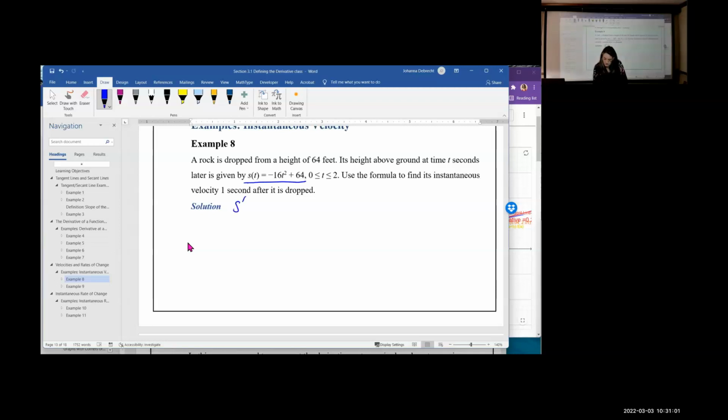We're trying to find S prime of 1, which is the limit as t approaches 1 second of f of t minus f of 1 over t minus 1. So we're going to put in f of t, which is negative 16t squared plus 64. And then we're going to put in f of 1. We may want to go over to the side and figure out what f of 1 is. It's negative 16 times 1 squared plus 64, which is negative 16 plus 64. I'm getting 48.